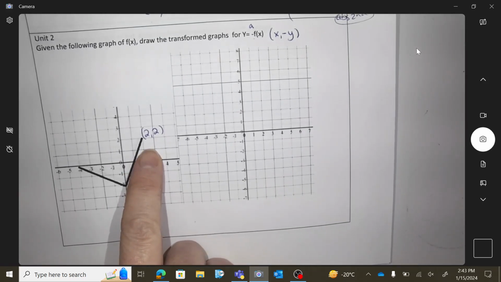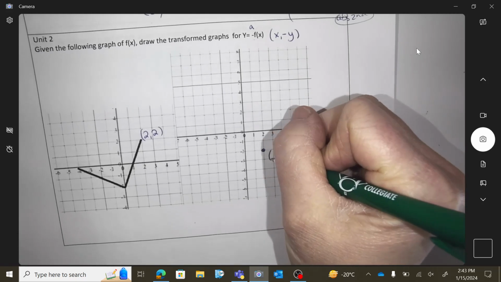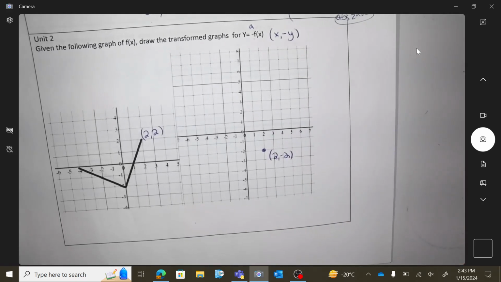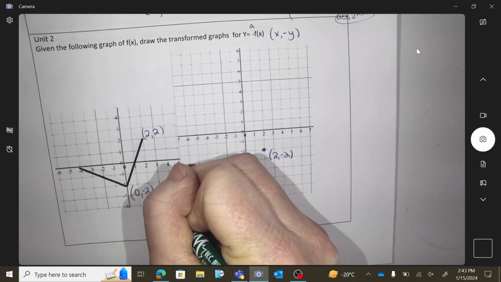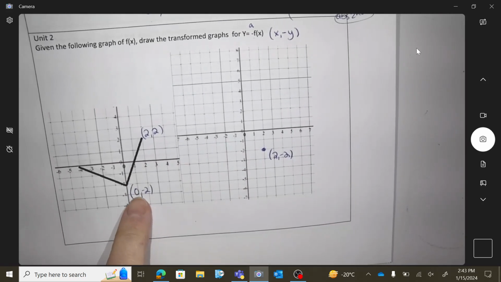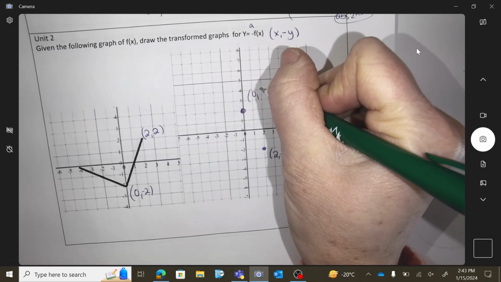Okay, so 2, 2 would now become 2, negative 2. 0, negative 2 would become 0, 2.